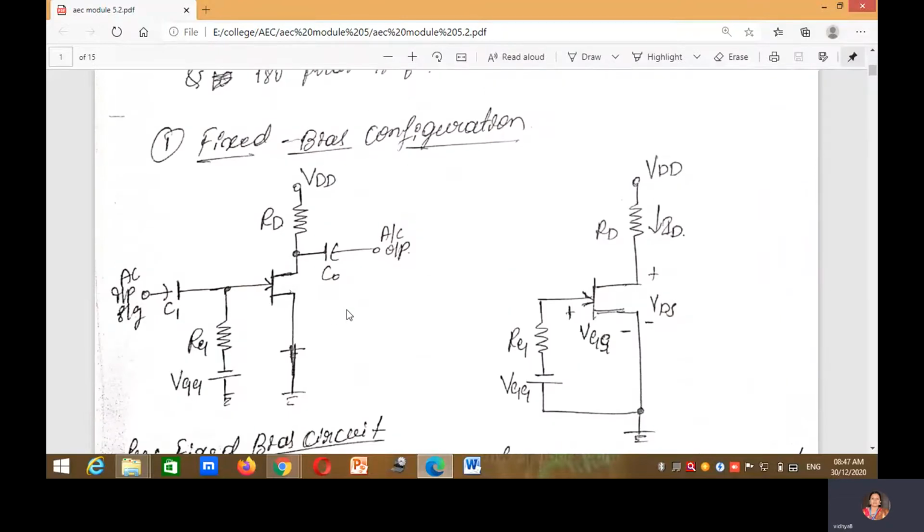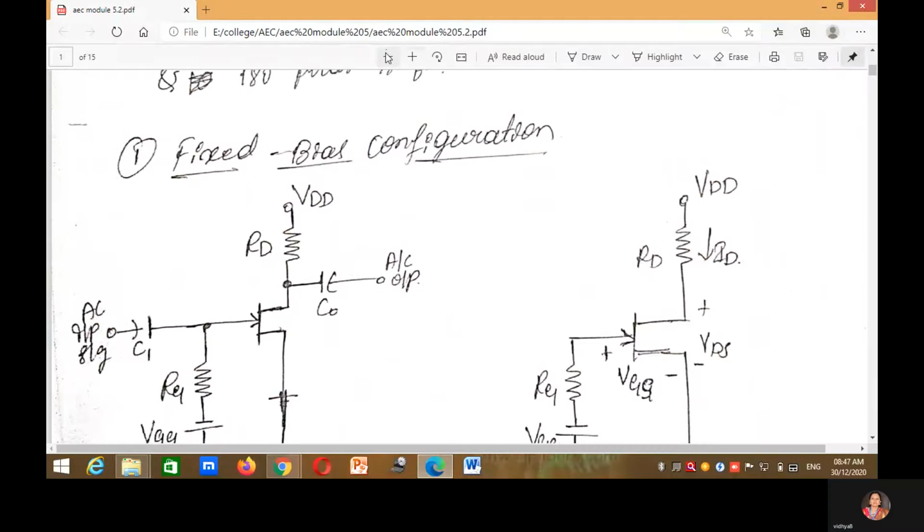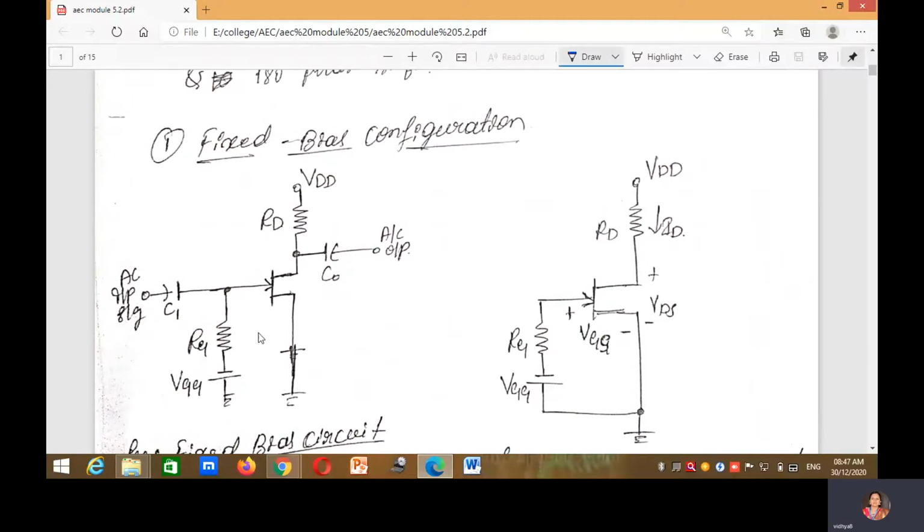In the first module also you have read about fixed bias configuration, but here we use the JFET symbol. In the first module we used the BJT.